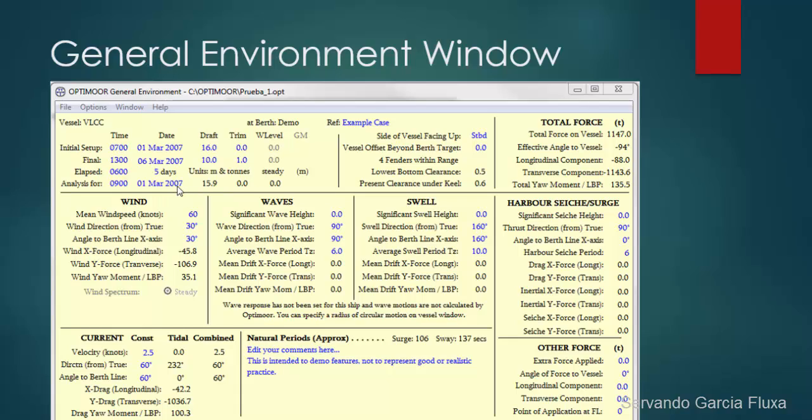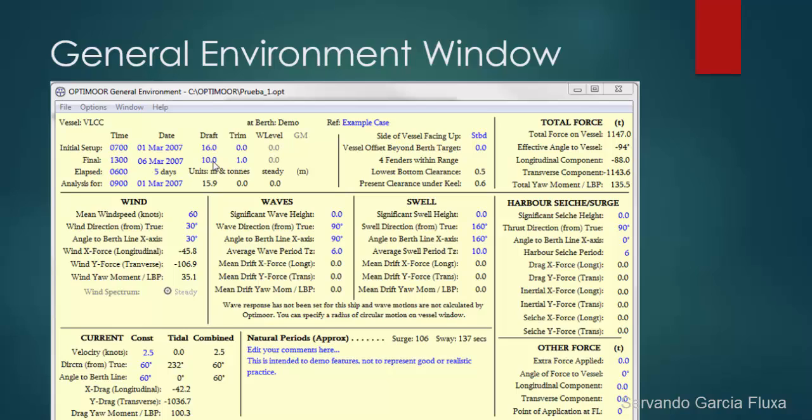What is important is that if you introduce a tidal table, lots of things are going to change based on that tidal table. That's why it is important to introduce a tidal table, because OPTIMOOR takes that into account in its calculations. Also, OPTIMOOR asks you for the draft and trim at the initial setup and the final setup.